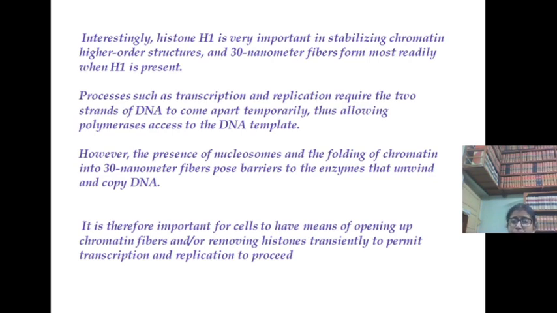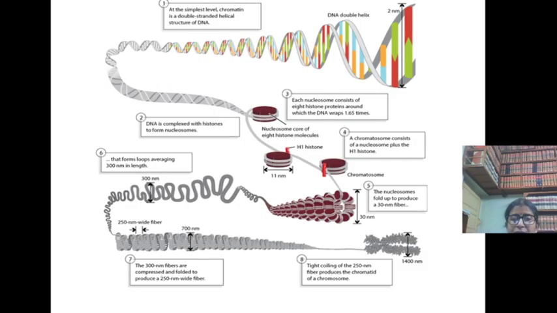It is therefore important for cells to have means of opening up chromatin fibers and removing histones transiently to permit transcription and replication to proceed. So can anyone tell me what are those proteins or enzymes which help in this unwinding and removal of the histones so that transcription and replication takes place? So we go to the structure back again.